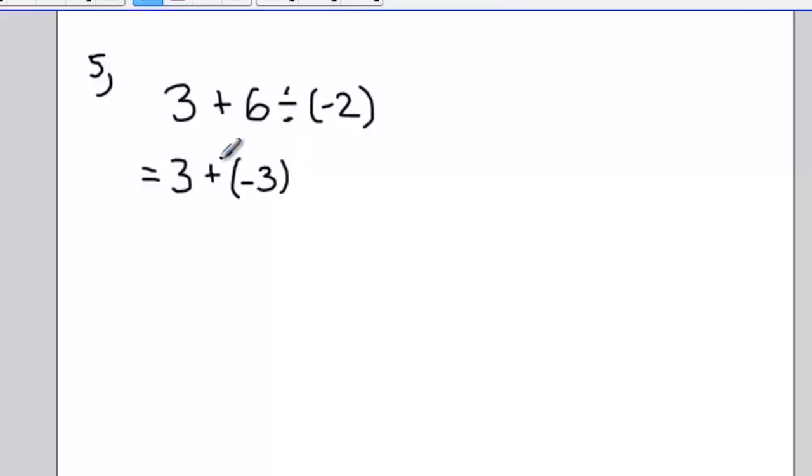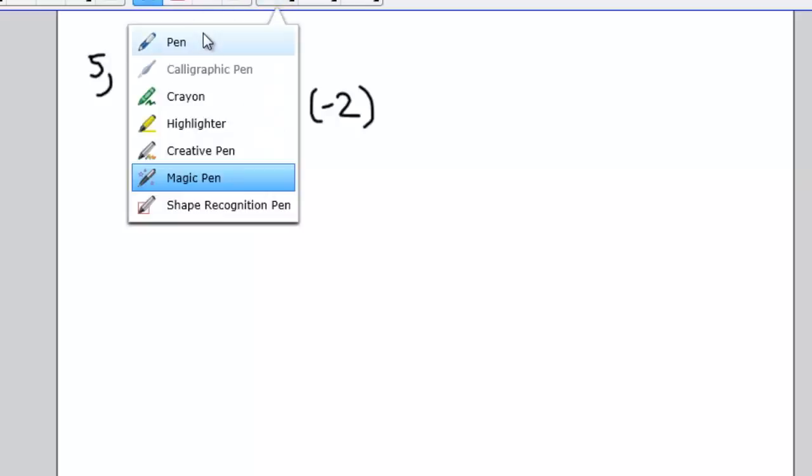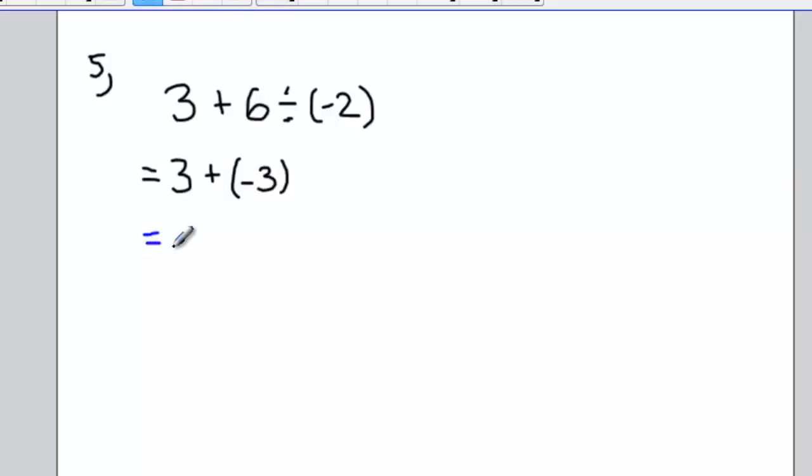We have to imagine that there's an invisible number 1 in front of that bracket, which means I'm really multiplying positive 1 times -3. Positive 1 times -3 is -3. And then my final answer, 3 take away 3, would be 0. Again, I'm working down, not across, and I have one equal sign per line.